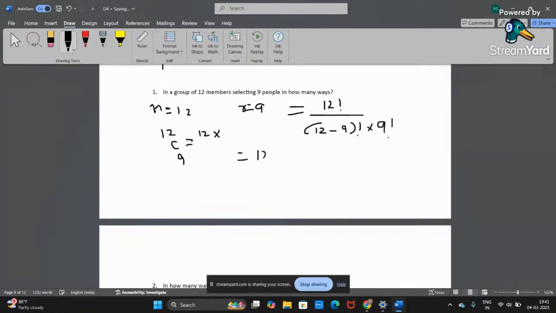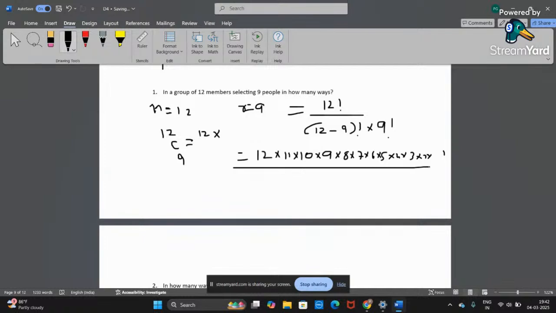What is your 12 factorial? Write it down. For this sum, we'll solve all the stuff from the next one. Let's do it directly. 12 into 11 into 10, 9, 8, 7, 6, 5, 4, 3, 2, 1.